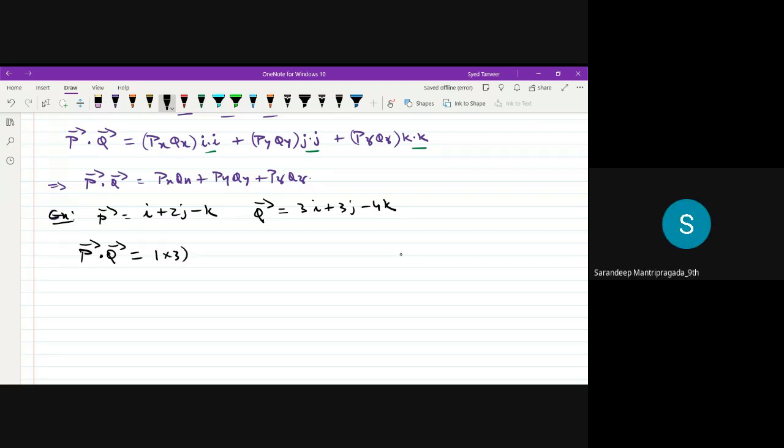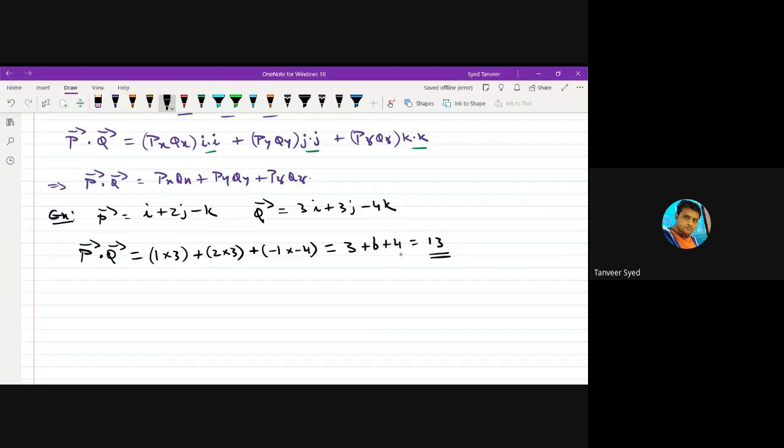Sir, is it 2j? See, 2 into 3 plus minus 1 into minus 4. We should be careful with negative sign while multiplying. This is not any physics, this is mathematics. So you should be knowing. 1 into 3 is 3, 2 into 3 is 6, minus 1 into minus 4 is plus 4. So it is 13.